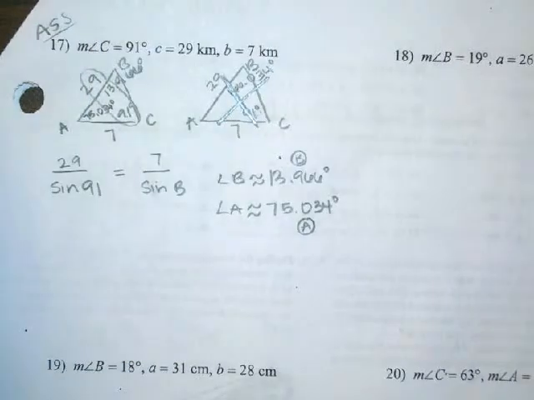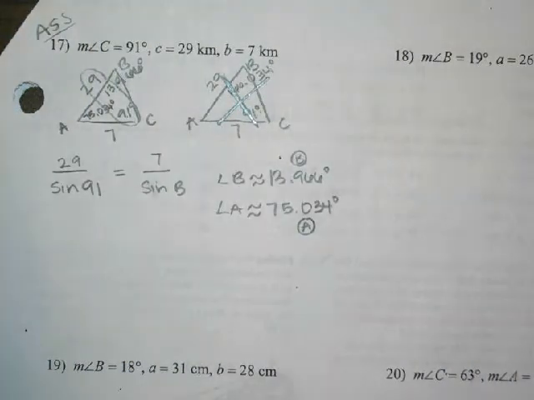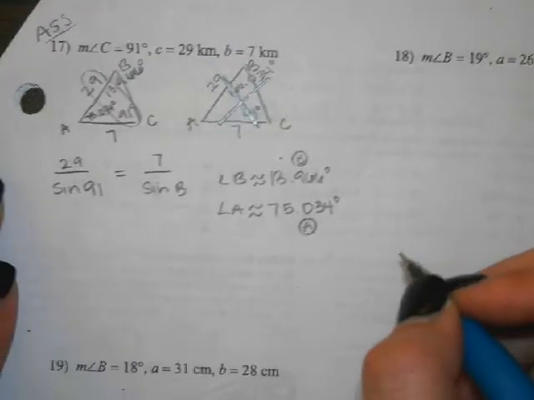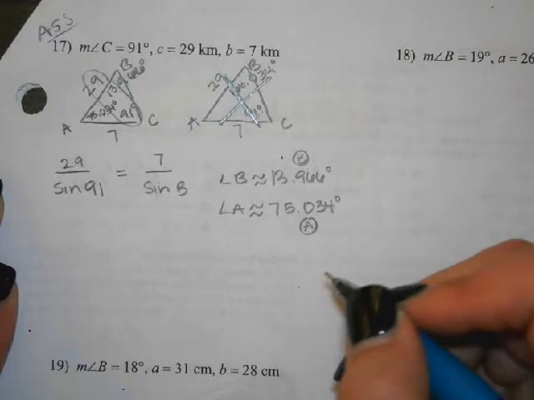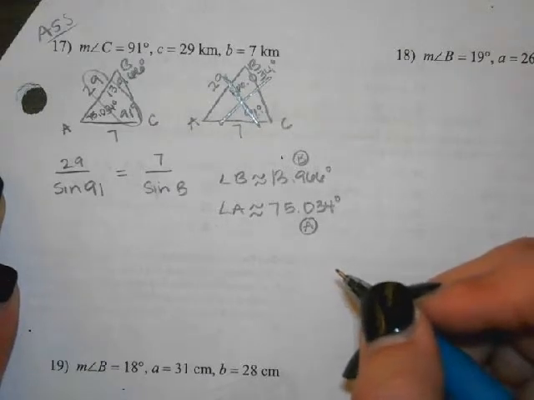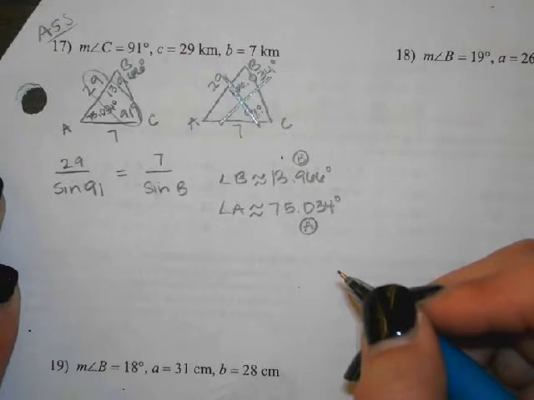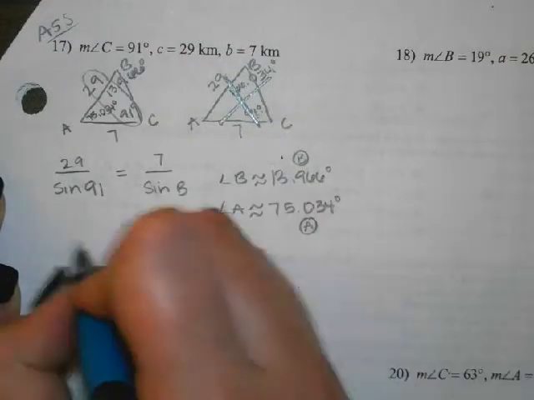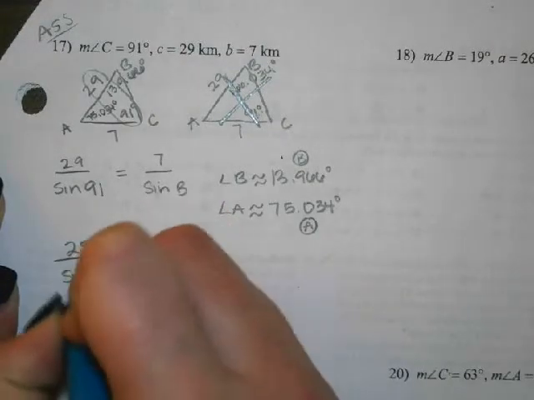And what do I have to do to finish the problem? What do I have left to find? Side A. I need to find side A. Okay, so to find side A, what piece of information do I automatically start with again? It's circled in the problem. C. I start with C. So I've got 29 over sine 91.